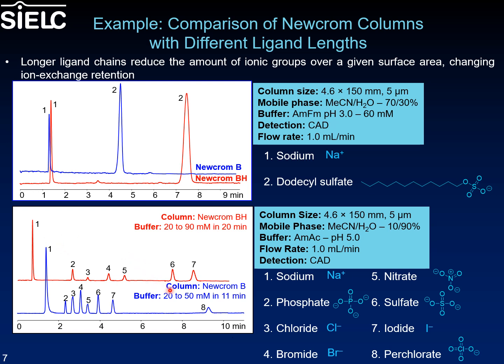And on the Newcrom B column, we are able to once again elute out the individual compounds, but compounds 2 through 7 are now eluting at significantly lower retention times due to the difference in ion exchange mechanism, such to the point that compound 8, perchlorate, which is the compound that retains longest on this column, is able to elute in under 10 minutes, whereas on the Newcrom BH column, perchlorate did not elute at all.